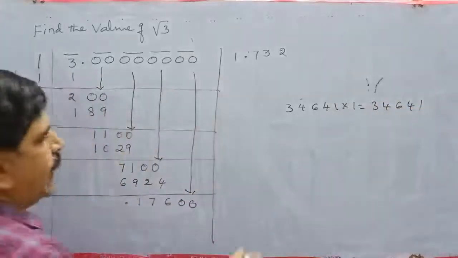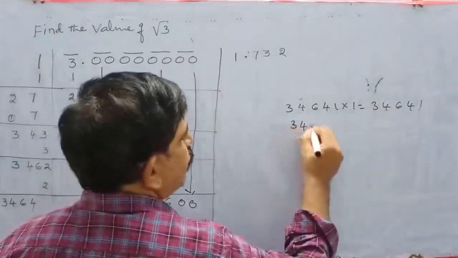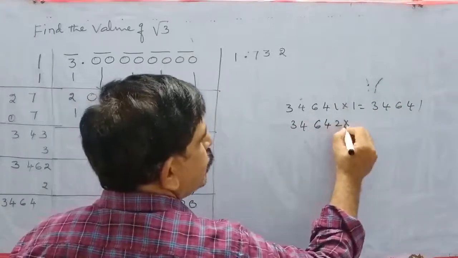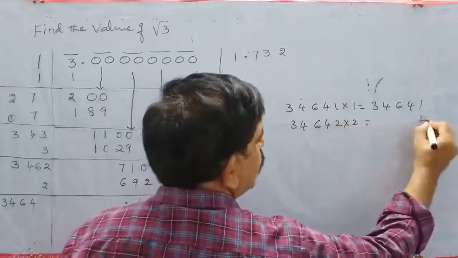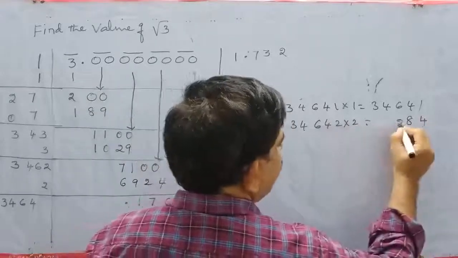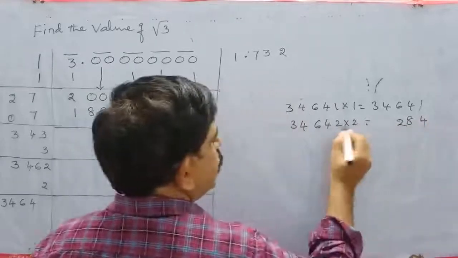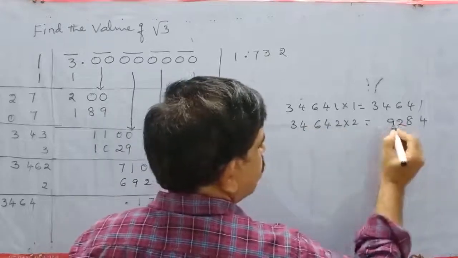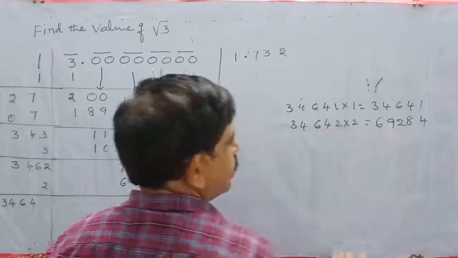Okay. Next one 4 6 4 2 into 2, that is 2 2s are 4, 2 4s are 8, 2 6 are 12, 1 remainder, 2 4s are 8 plus 1 9, 2 3s are 6. Okay.